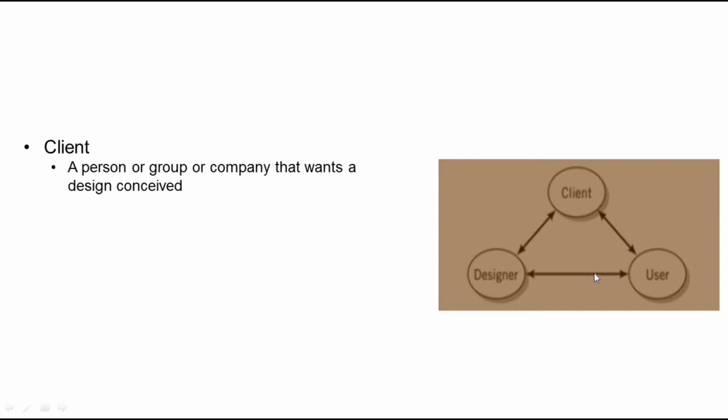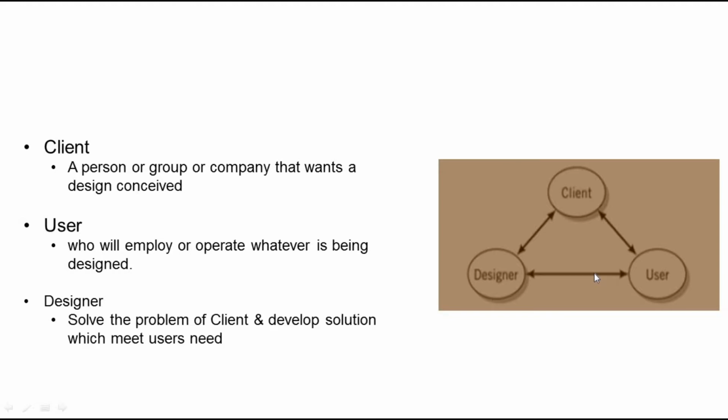And the user will be the one who is using this design product. And the designer will be designing or solving this problem or developing a solution. So these are the three categories involved in a design.